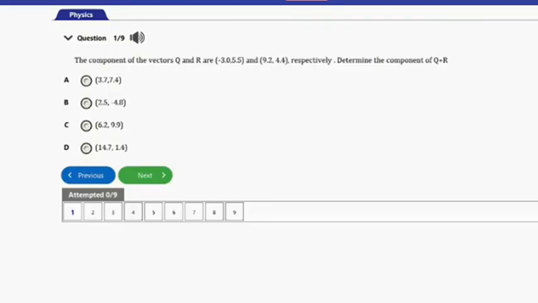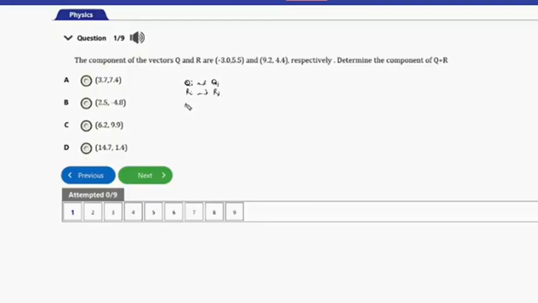Determine the components of Q plus R. So guys, here we are going to rewrite Q into its components as Qi and Qj, and then for R we also do the i component and j component, and then we are going to add these down into their components.